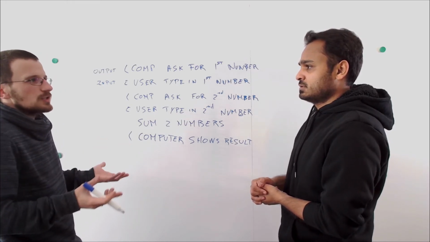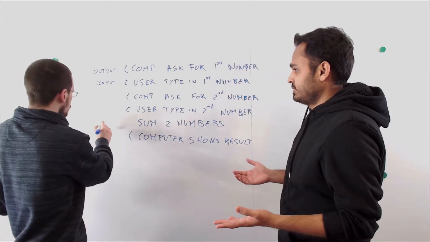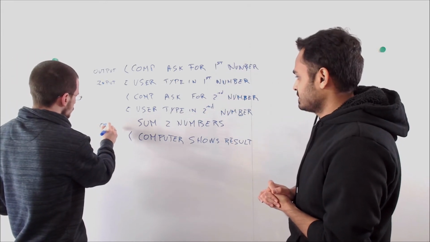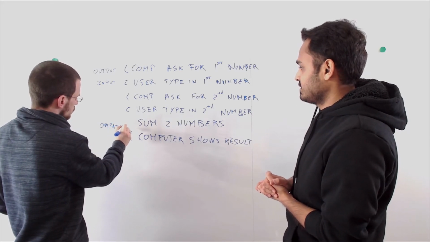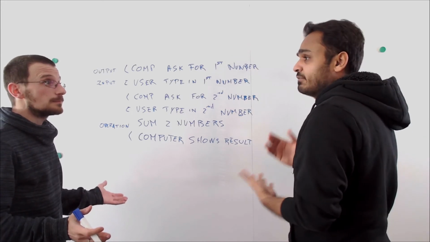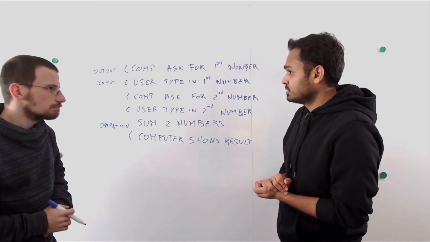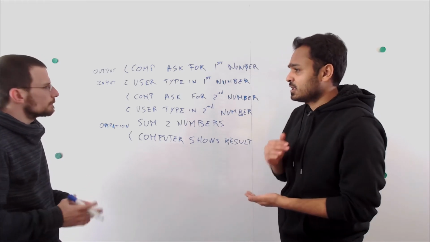It's an operation. It's a plus sign or something. So some operation, you mean? Operation. We are done with the second step. So we have an input, we have an output, and we also have an operation in between.